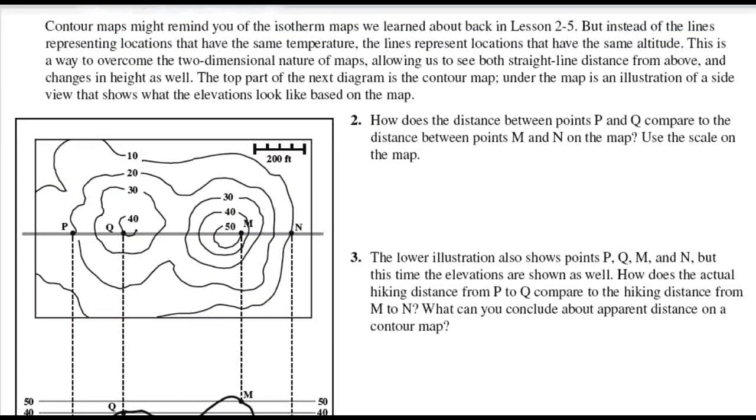So they're talking about contour maps. Contour maps show horizontal distance, but they also show vertical distance. So in this case, you have something that is 10 meters above sea level. Every point on this line is 20 meters above sea level, and these are all 30 meters above sea level.